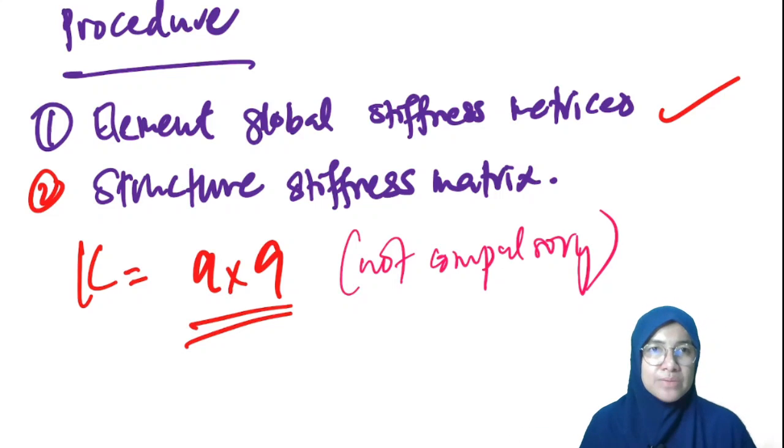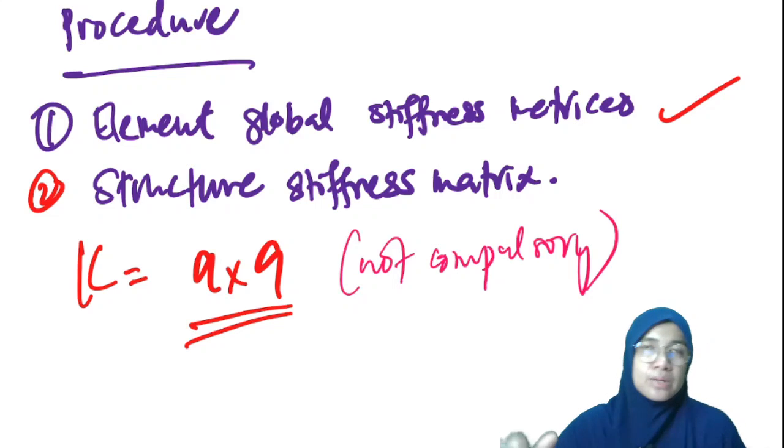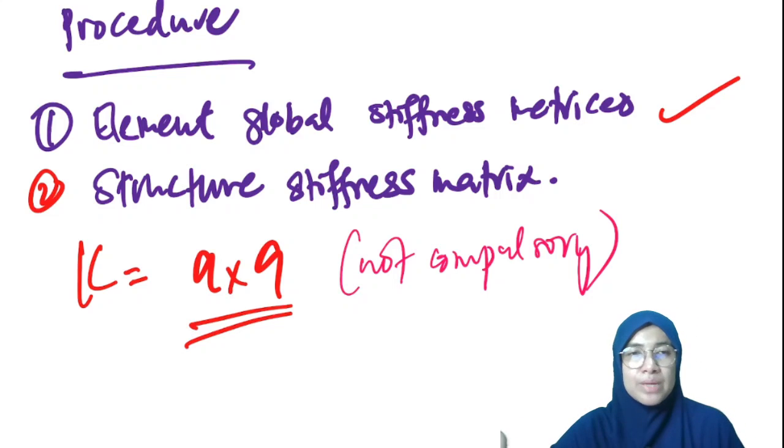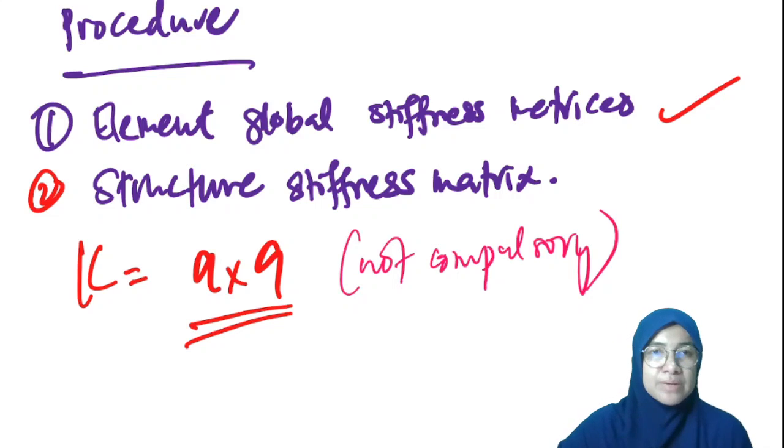So what is compulsory? The compulsory step is we need to have the structure stiffness matrix corresponding to the unconstrained degree of freedom system, because we know that in the unconstrained system there are unknown displacements. This is not compulsory.